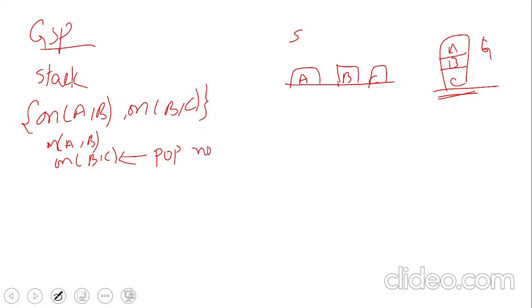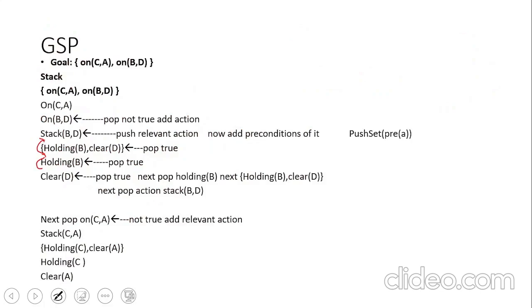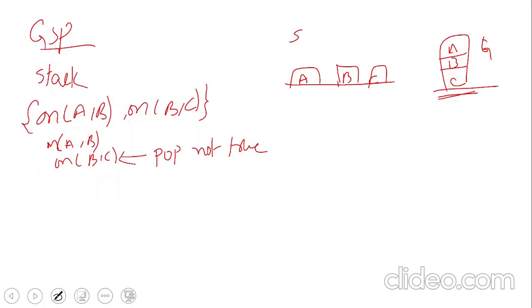This is not true because we do not have it in the given start state. Whenever it is not true, we push the relevant action and add the preconditions. What is the relevant action for this one? Stack B C. The relevant action is the one where I can get on B C as a positive effect.